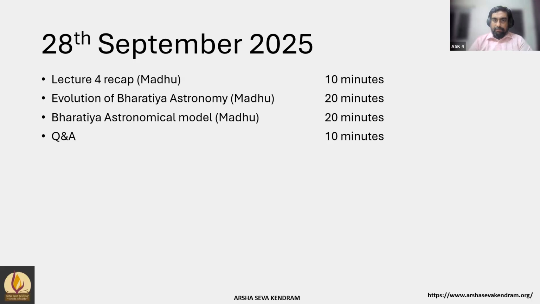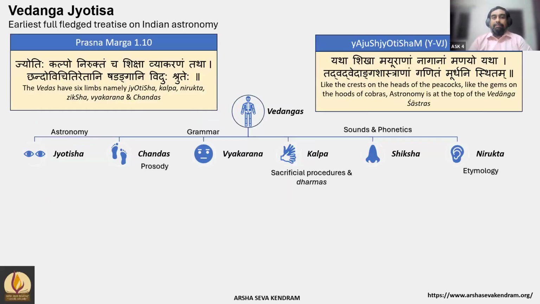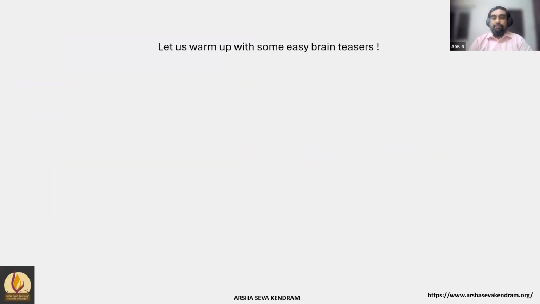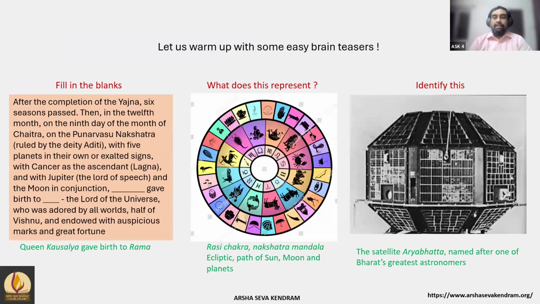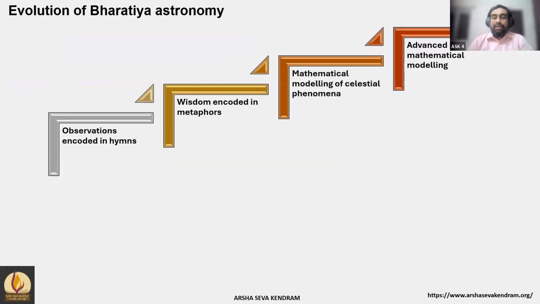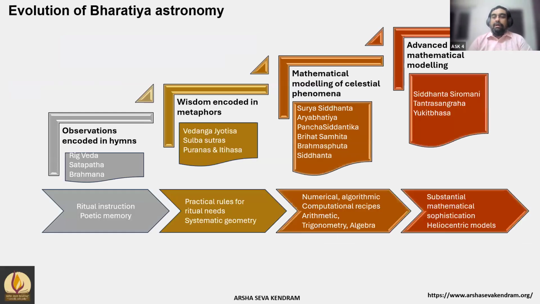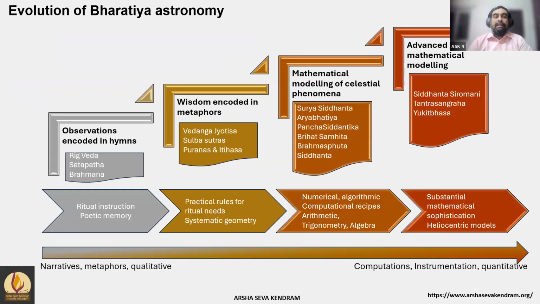today's session. Right. So let me quickly recap what we went through last time. We talked about the evolution of Bharatiya astronomy. We had the earliest astronomical information provided in the form of hymns and poetry and verse and stories.